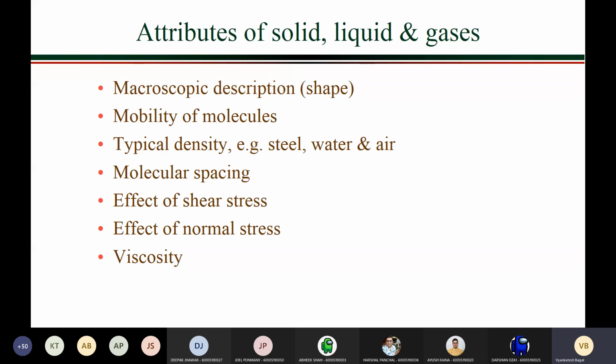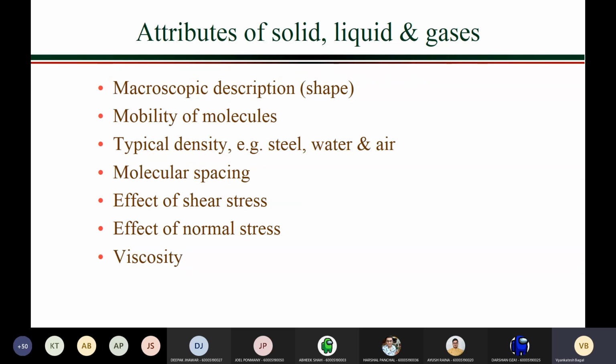Then you must have studied what is the effect of shear stress and normal stress. Where you studied this? Have you studied strength of materials in third semester? So I hope you may be knowing what is shear stress and normal stress, right? Again, we are going to revisit these two concepts while talking about fluid statics part.